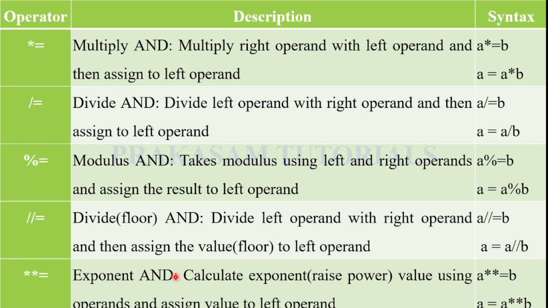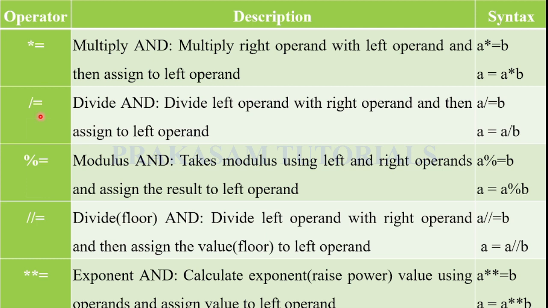The next assignment operator is star equal to, that is multiply end. This operator is used to multiply the right side operand with the left operand, and its resultant value is assigned to the left operand. The next one is division equal to, the divide end.